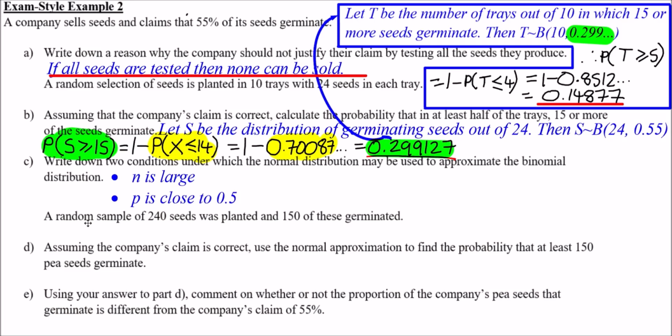Here we can use the normal approximation because n is large, 240 seeds is more than 50, and the proportion of germinating seeds is 55%, which isn't too far off 50%. So we can use that quite confidently. 55% is close to 0.5, n is large, so we can confidently use this approximation. But the question's saying to do that anyway. I'm just explaining why the question is correct in saying we can do this.